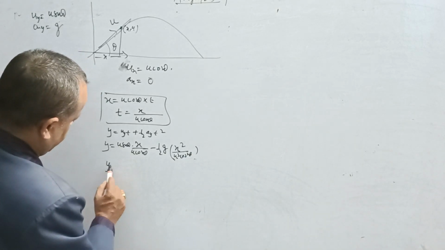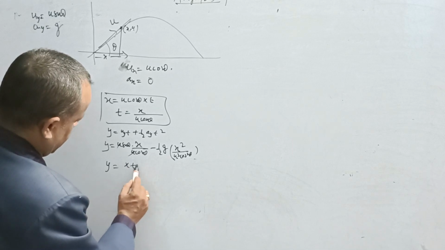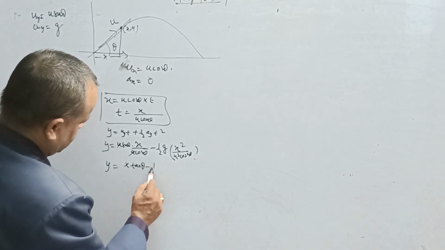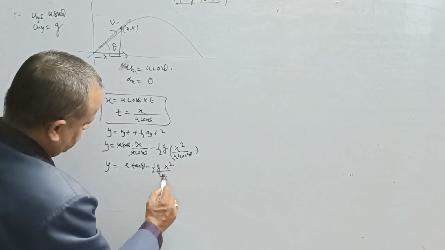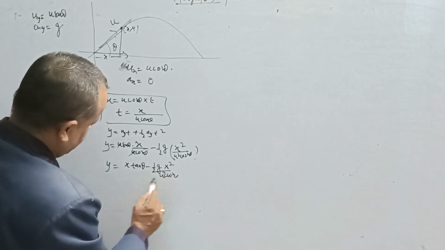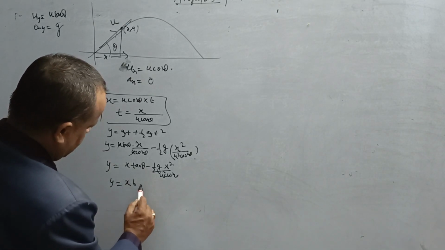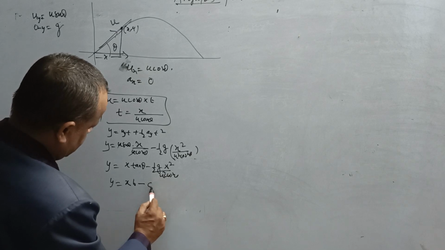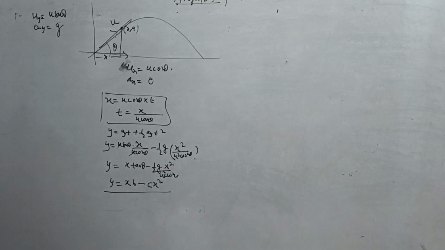It is coming out to be, this gets cancelled out, this becomes what? x tan theta minus half g x square upon u square cos square theta. Basically it is x into a plus c x square. See, basically it is an equation of a parabola.